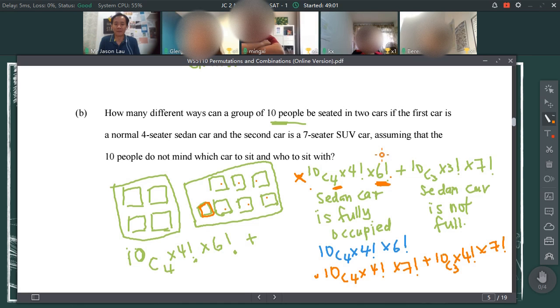So this one will have some problem. Same for here: 10 choose 3, you'll have a problem because you only allocated 3 people in the sedan car, so you have 4 seats, so you cannot use 3 factorial. Then Kai Xing's is somewhat the same type of problem. When you choose that time, you didn't consider 2 cases. You must have the 2 cases if you want to do it.